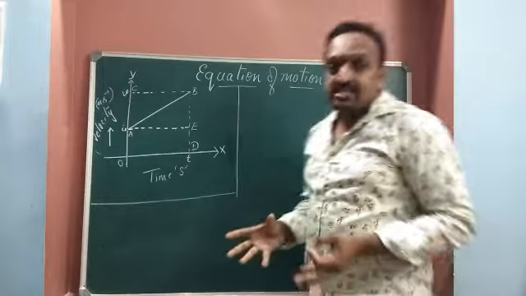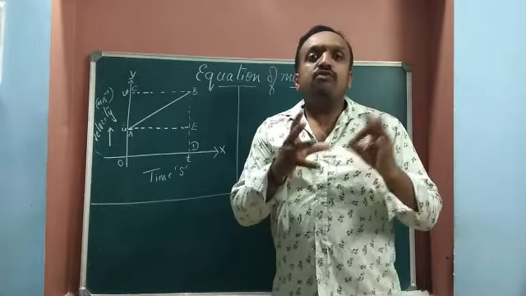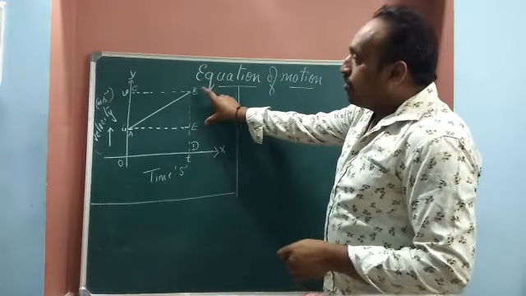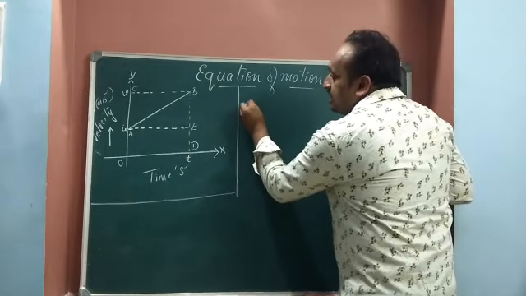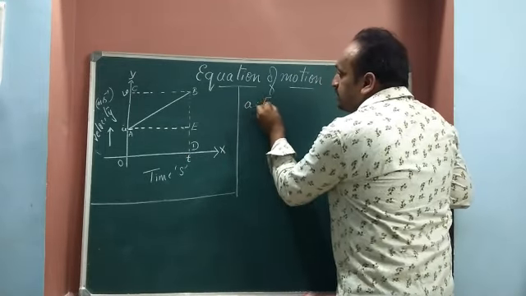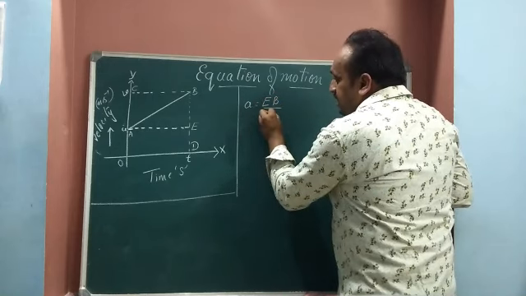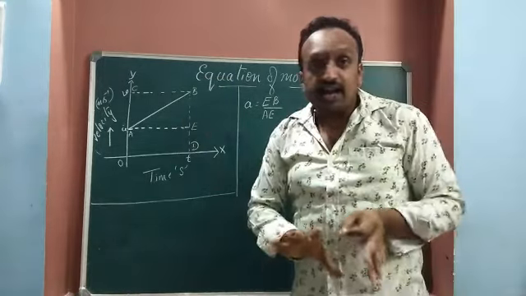So what is acceleration? Acceleration is the rate of change of velocity with respect to time. So velocity by time. So acceleration A is equal to EB divided by AE. Nothing but the slope of the graph.